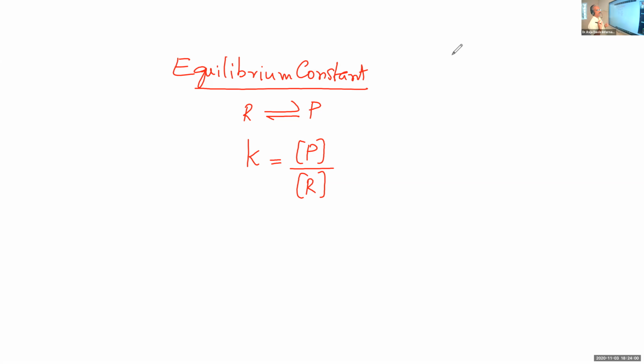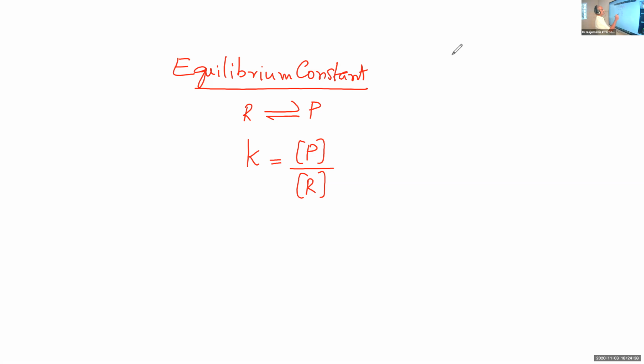Square bracket R is the concentration of the reactant at equilibrium. Both the concentration terms are at equilibrium: the equilibrium concentration of the product divided by the equilibrium concentration of the reactant. And this ratio will be a constant.